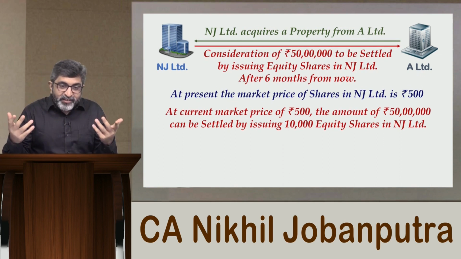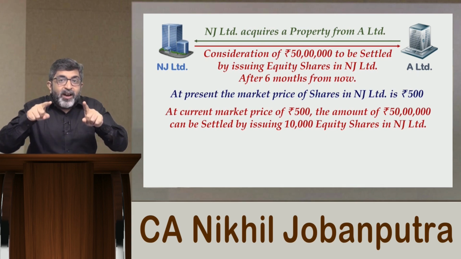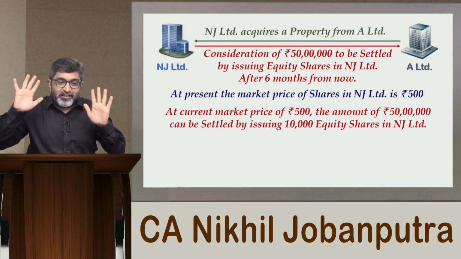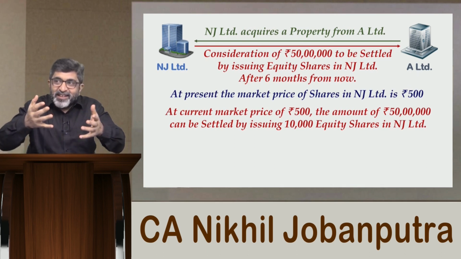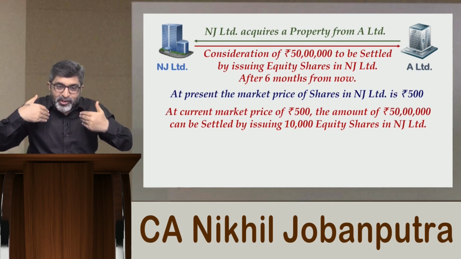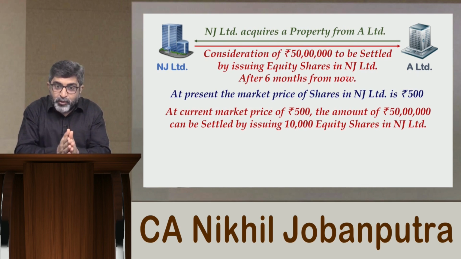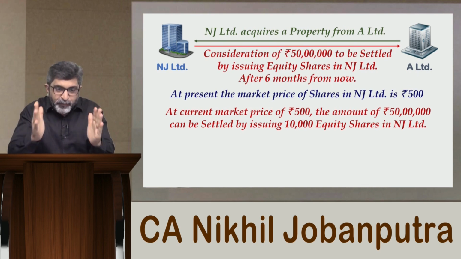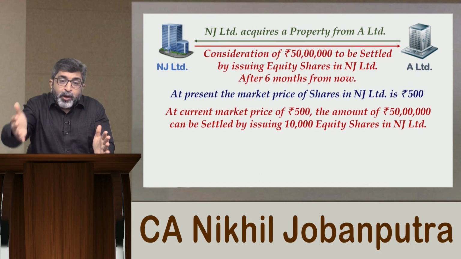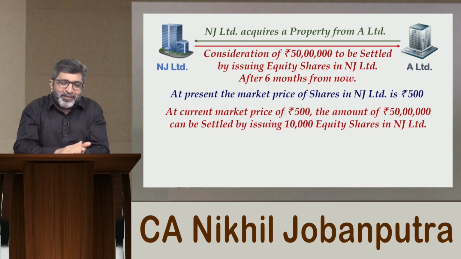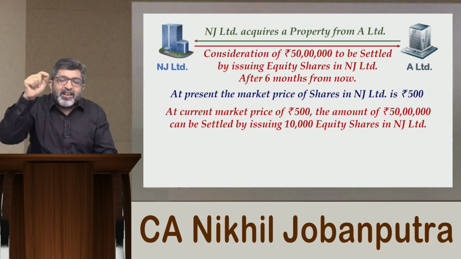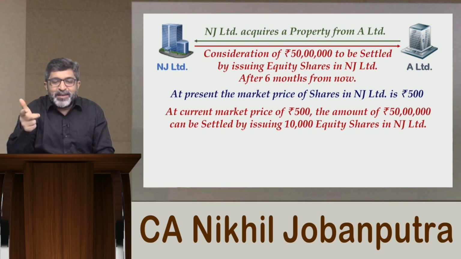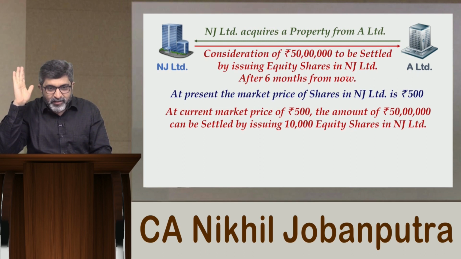Now the question is, if A Limited agrees for 10,000 shares, a fixed number of shares for a fixed amount, that means it is ready to accept 10,000 shares for settlement of a fixed amount, 50 lakhs. If it agrees for a fixed number of shares, it becomes equity right away. Then at 31st March, you will treat A Limited as your equity instrument.